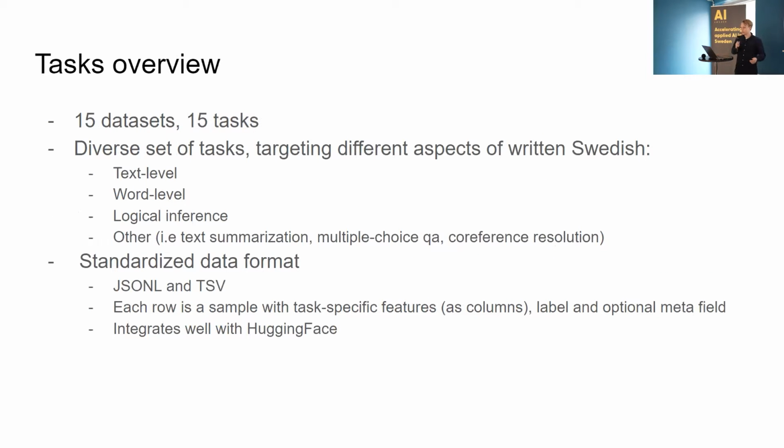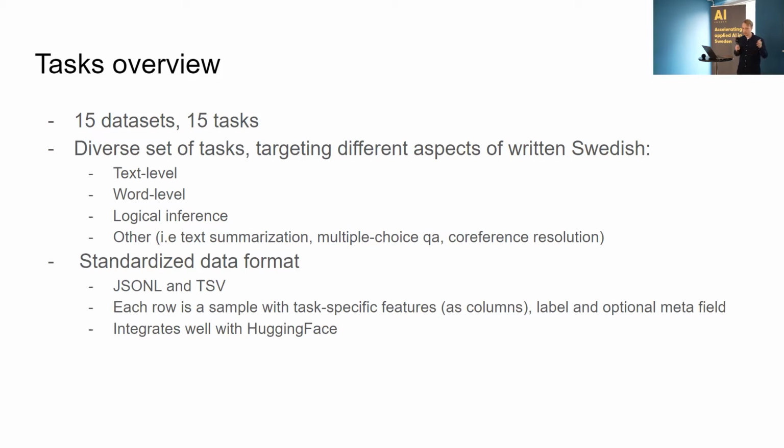So I'm going to give an overview of the tasks and the data sets that we have. We have 15 data sets for which 15 tasks are defined. They represent a diverse set of different tasks targeting different aspects of written Swedish. One on the text level, where you have a text of some sort and you want to make some sort of prediction about that text and score it with some value.